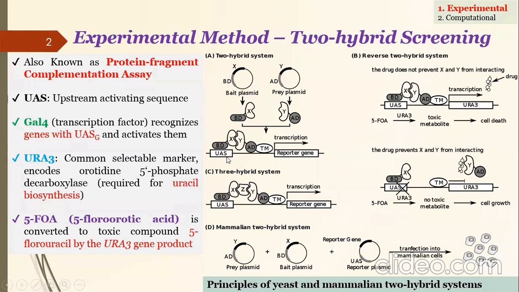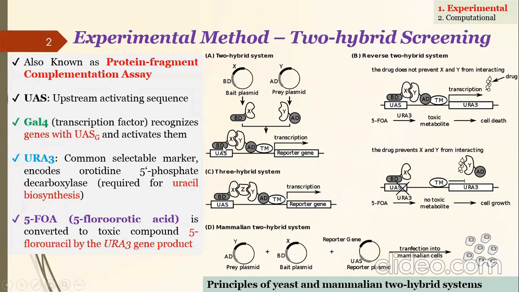After that, there is a transcription factor known as GAL4. GAL4 is a transcription factor that recognizes genes with UAS. So all genes containing this upstream activating sequence are recognized by the transcription factor GAL4.